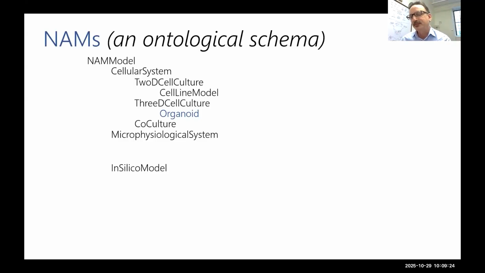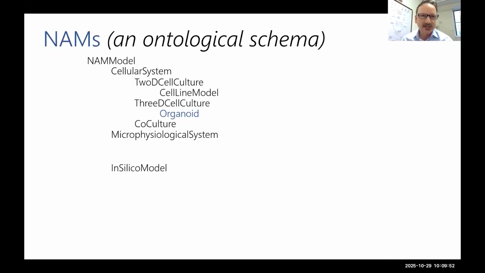NAMs are quite extensive. The number of approaches is quite extensive, and the number of terms that would need to be used to capture all of those approaches is quite extensive. And so we're going to focus, in the interest of time, on just one approach within NAMs, which is organoids.